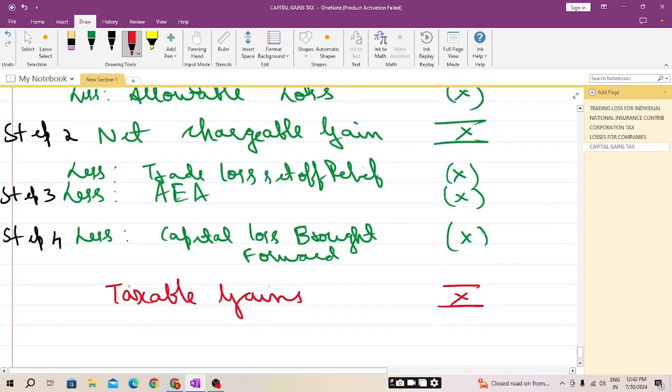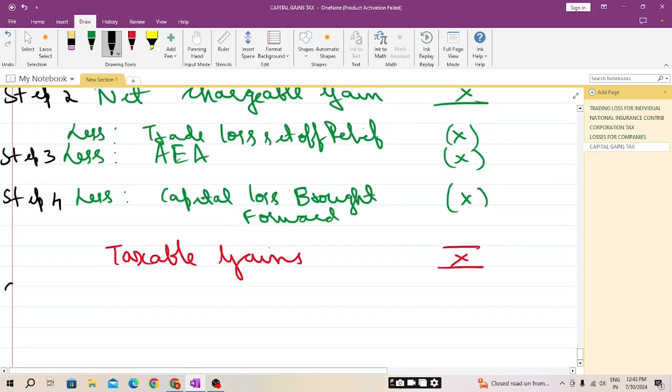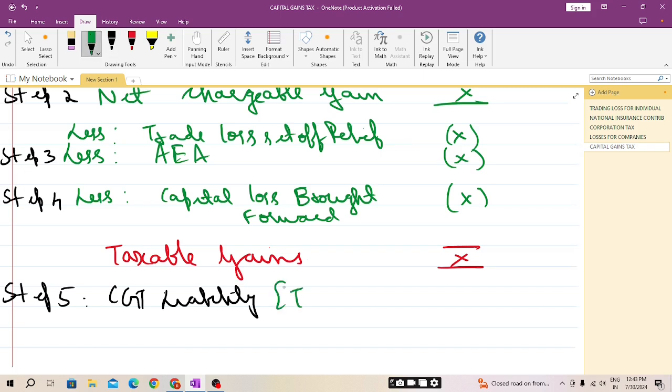Capital loss brought forward, and now coming to step number 5, calculation of CGT. The CGT liability will be, students, the taxable gain into the appropriate percentage. Let's mention the percentage here.